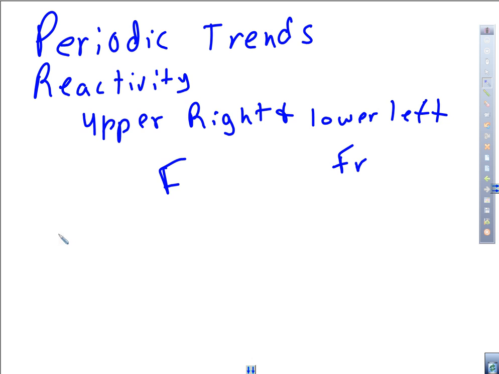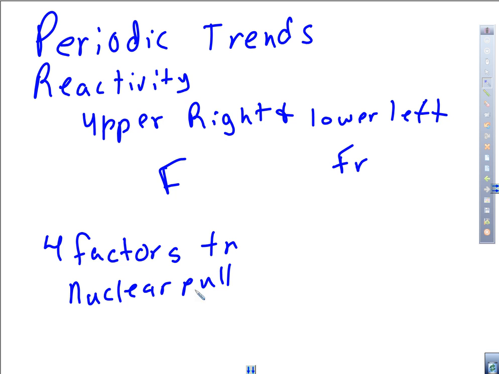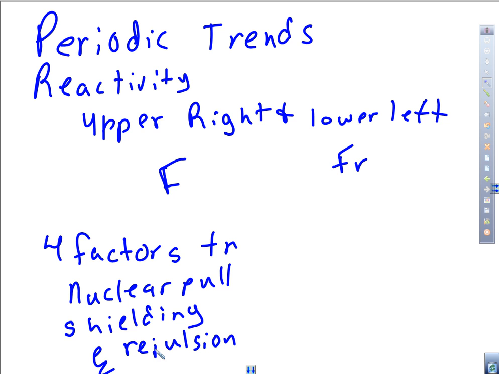So you remember ionization energy. Remember that. Remember the 4 factors that affect the trends: nuclear pull, shielding electrons, e-repulsion, and Z effective.